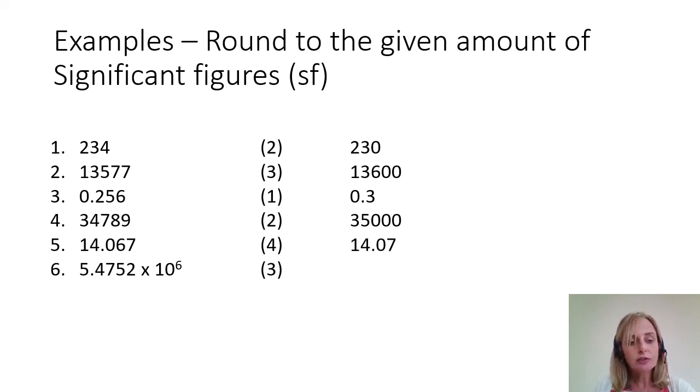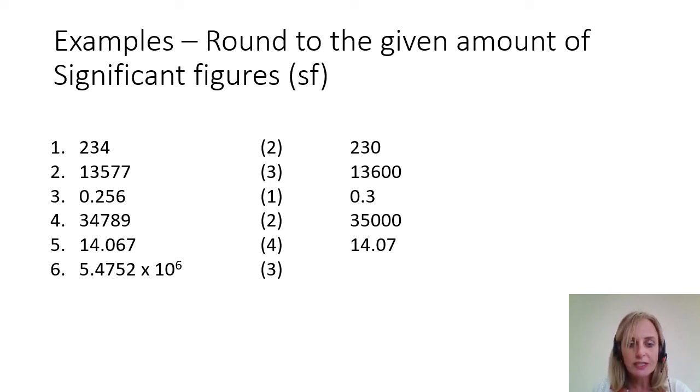And the last value, you'll notice this is a number that's been written in scientific notation format. And we can apply rounding to scientific notation values as well. We apply it to the number. We don't need to worry about this times 10 to the power 6. That just stays as it is. It's this number here, the 5.4752.